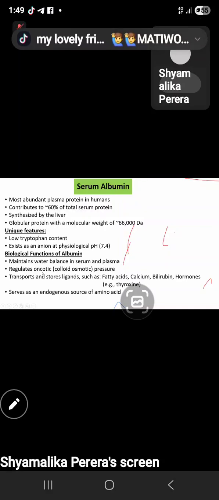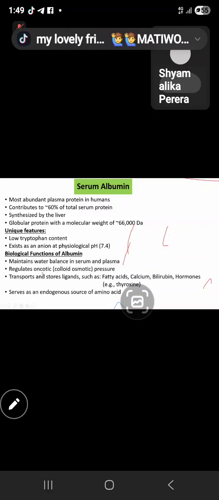And the other important thing is maintaining the pressures, and not only that, albumin acts as a transporter. It helps to transport many non-soluble molecules like fatty acids, calcium, bilirubin, and hormones throughout your body, because these molecules need a transporter.